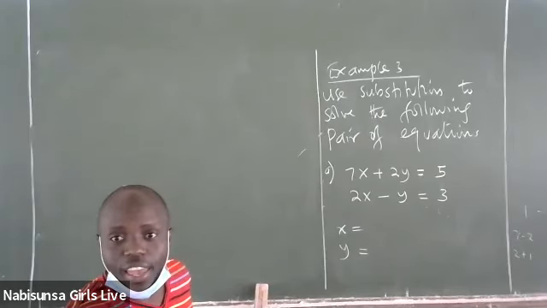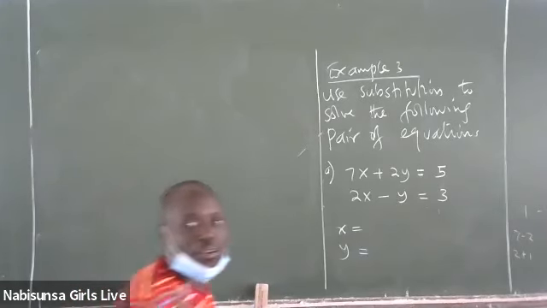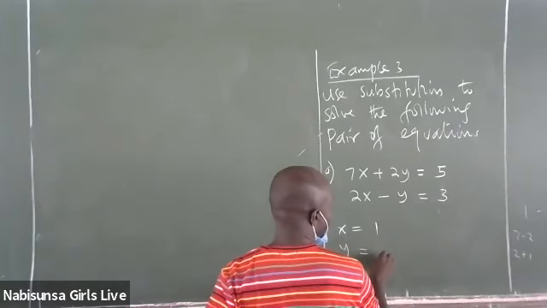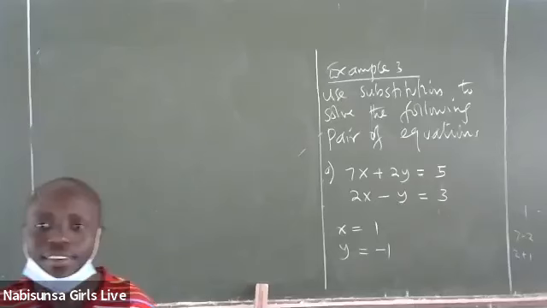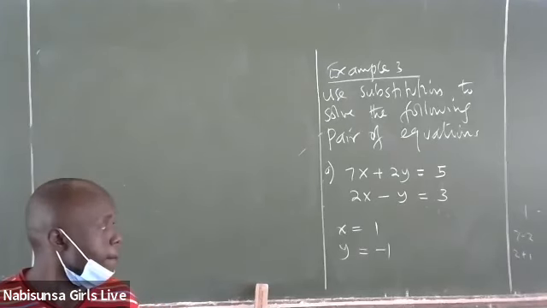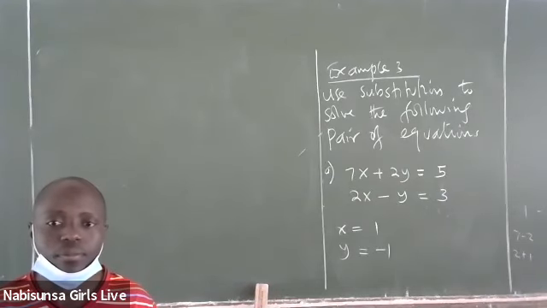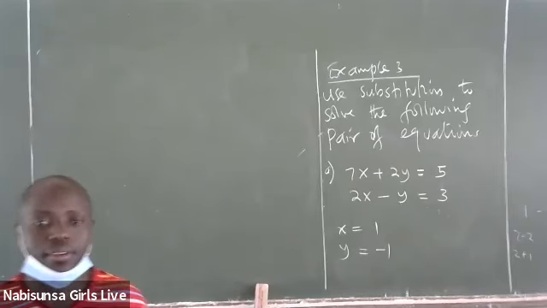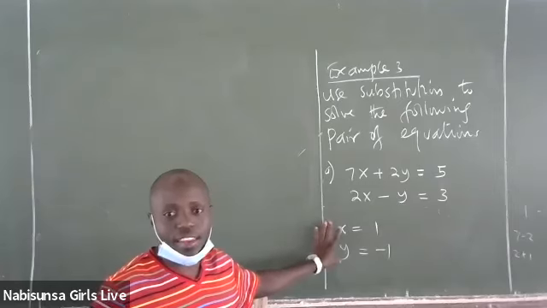This is Goretti. This is Shahida. Shahida got x as 1 and y as -1. Goretti got x as 7 out of 11, then y as 3 out of 11. Sarah got x as 1 and y as -1. These are the answers.